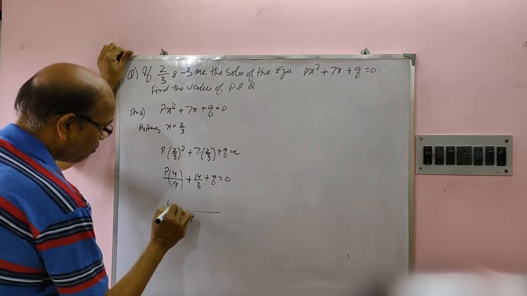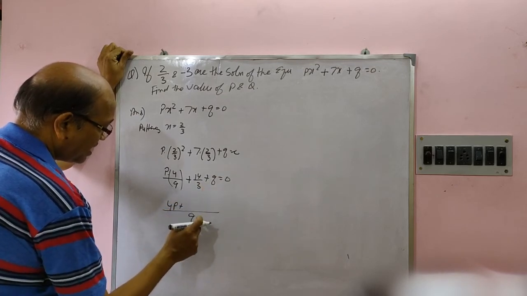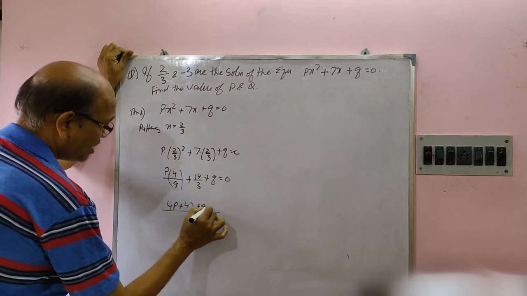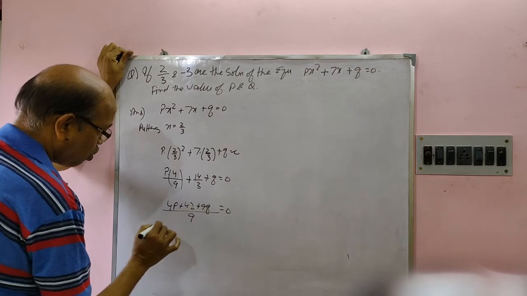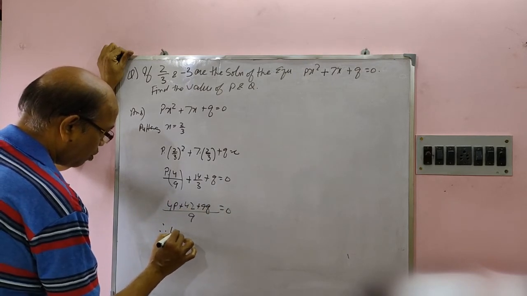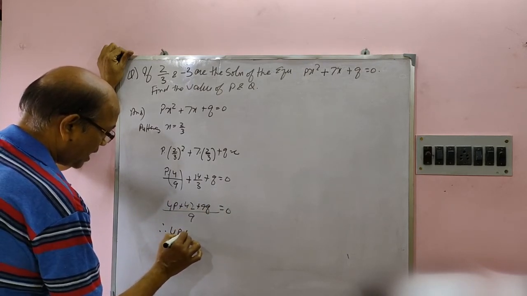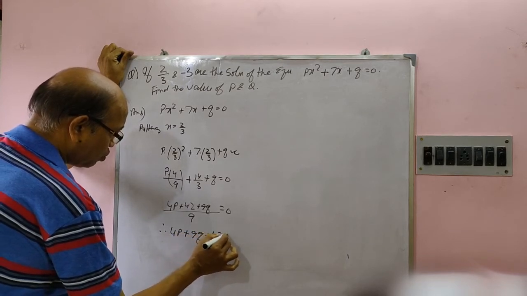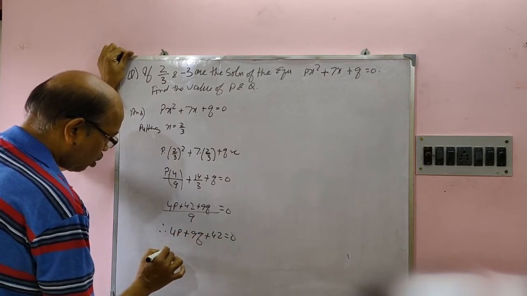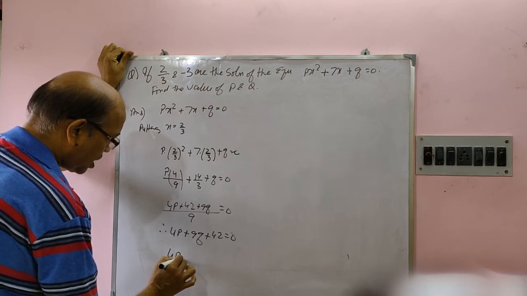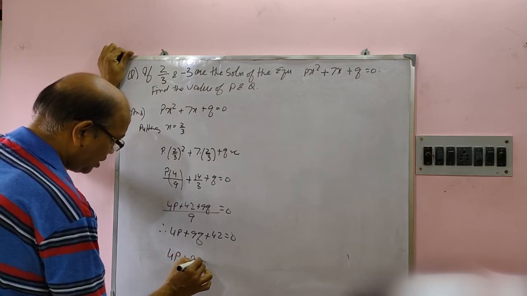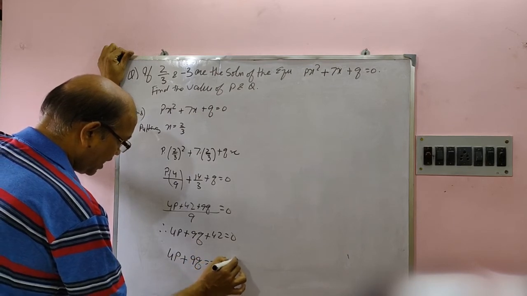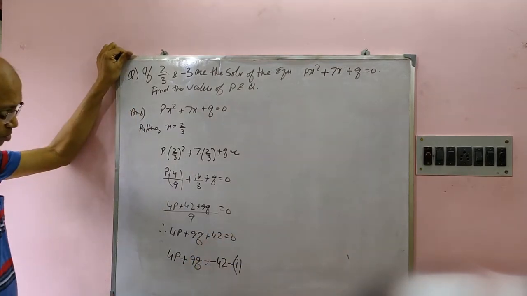This is 4p plus 14 threes are 42 plus 9q equals 0, or 4p plus 9q plus 42 equals 0, or 4p plus 9q is equal to minus 42. Let this be equation 1.